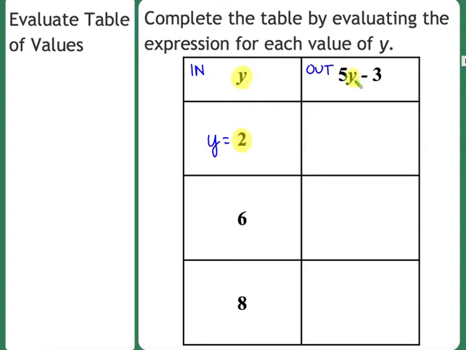So we're going to put in 2 for y in the output expression, and we're going to see what we get. Okay, so then we're going to put in 6 for y, and we're going to put in 8 for y, and we're going to see what we get. So the input is on the left, output is on the right. Give that a try.